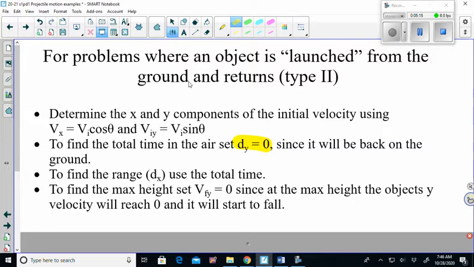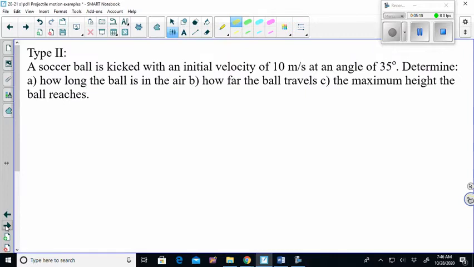All right, so let's take a look at a type 2 projectile. We're going to start with a soccer ball. So appropriate, I got my Philadelphia Union scarf on there in first place.